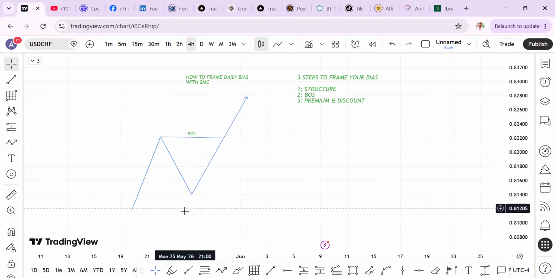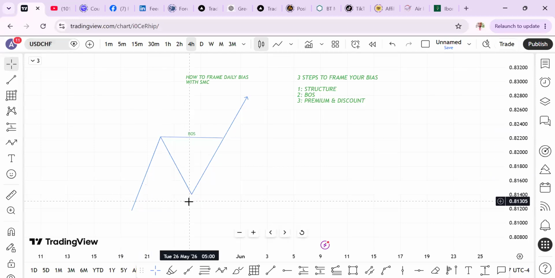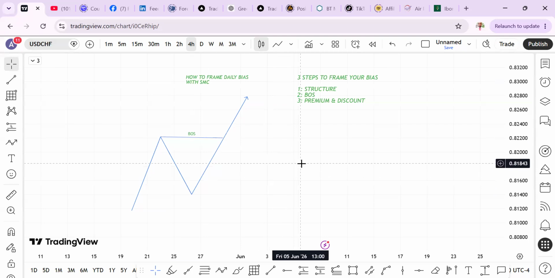So this is my bias for today now. My bias for today is that USD share, for example, is bullish. So your bias for the day is: is market bullish? Is market bearish? If you cannot identify the phase of market for that day or for that week, you will trade in the direction of losing money.